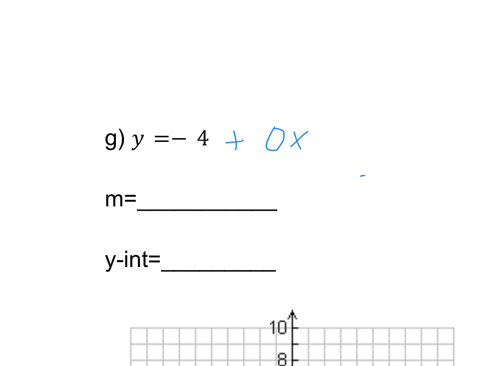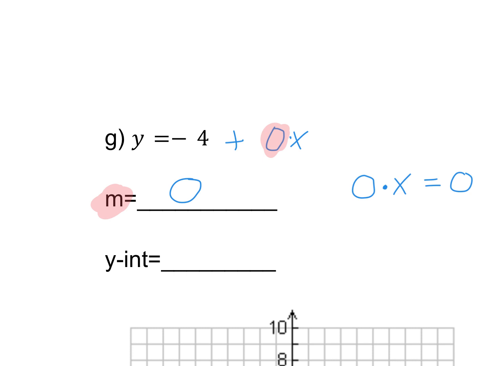Because if I take the number 0 and I multiply it by x, well, 0 times anything just equals 0. So if we think about it like that, and our slope is the number that we multiply by x, well, if there is no x in our equation, then that means we're multiplying x by 0. So our slope for this equation is going to be 0.